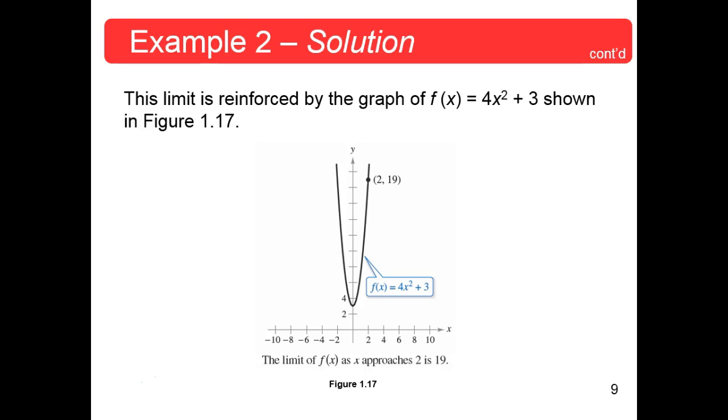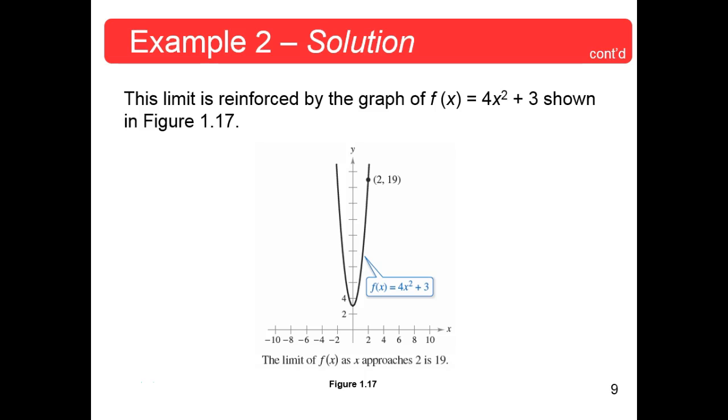All right. Oh, and here they draw a figure for you, okay? This limit is reinforced by the graph of f of x equals 4x squared plus 3. By the way, if you remember back when you were doing these things, the basic quadratic, y equals f of x equals x squared, would be something like this.